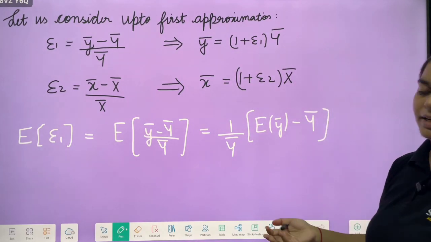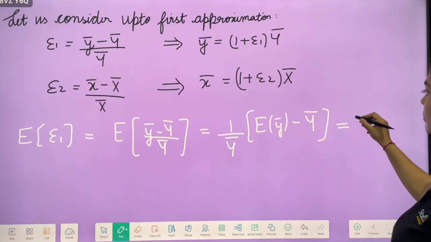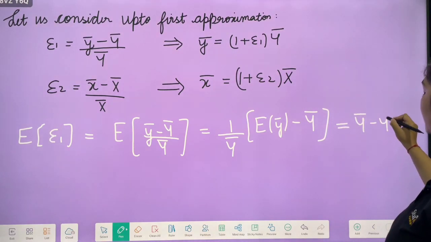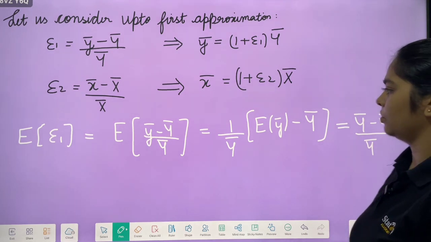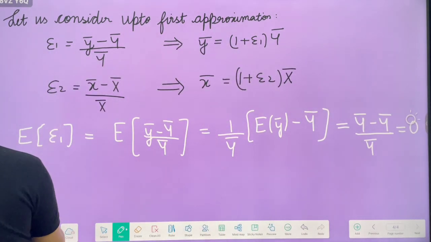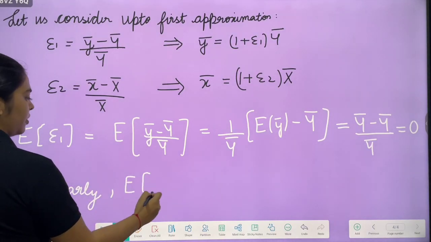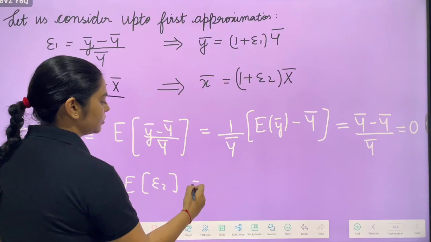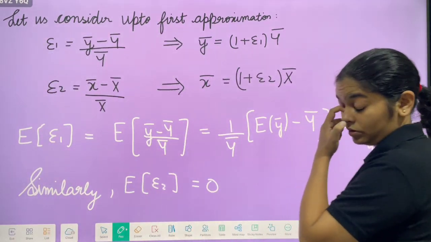Now since this has been taken from the simple random sample, estimation of y bar will be capital Y bar only, so it becomes capital Y bar minus capital Y bar upon capital Y bar, which equals 0. And similarly, estimation of epsilon 2 is also equal to 0. Now both of them equal 0.